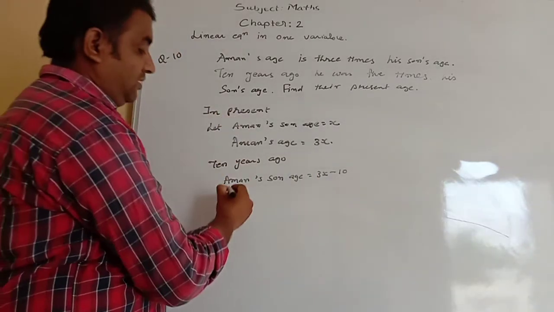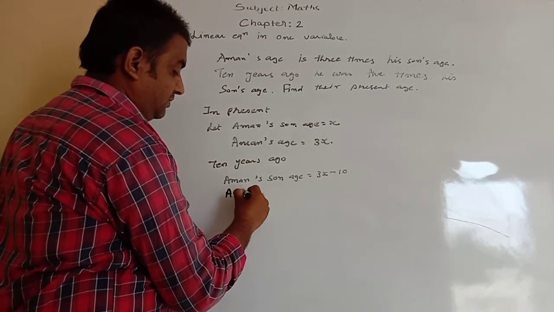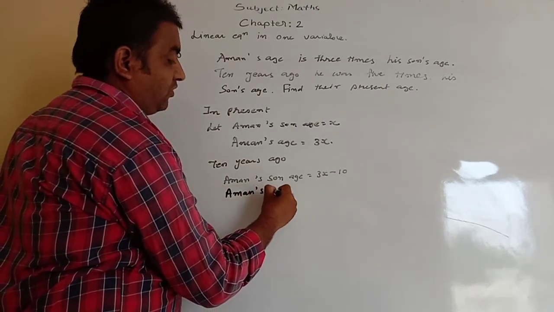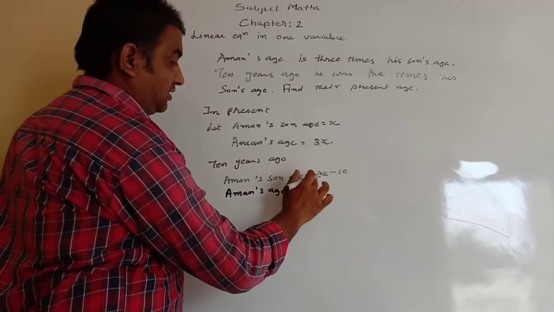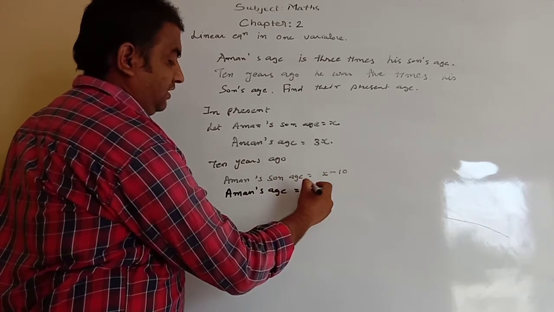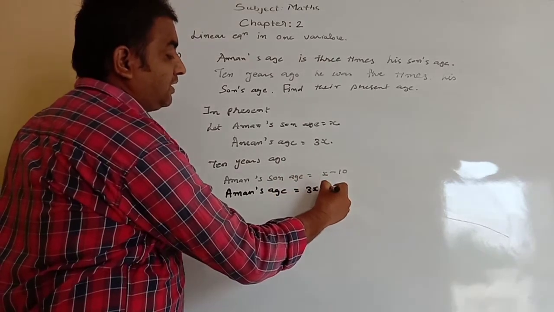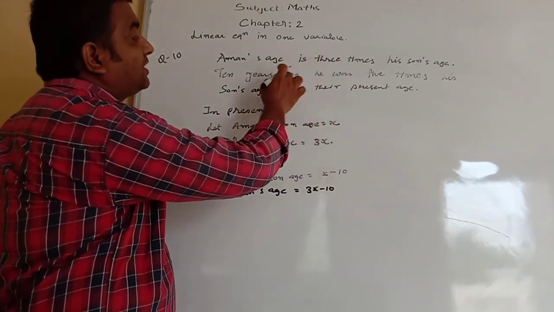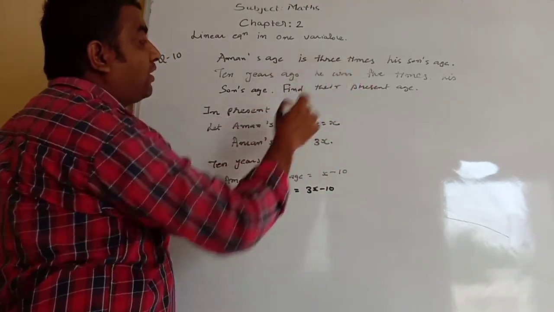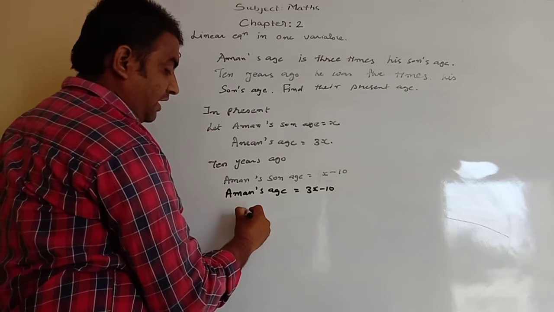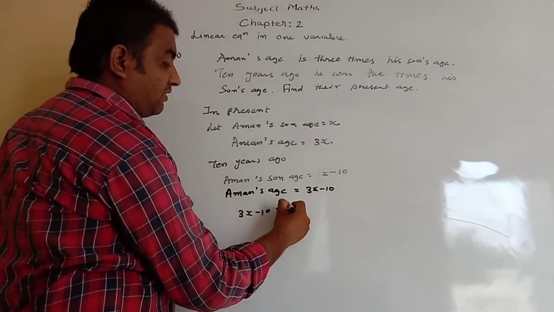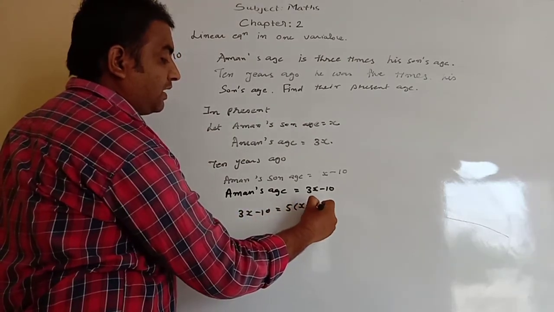So the son's age will be x minus 10, and Aman's age will be 3x minus 10. Now the relation at that time is given. He was 5 times his son's age, so 3x minus 10 equals 5 into x minus 10.